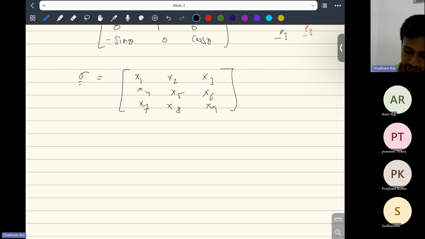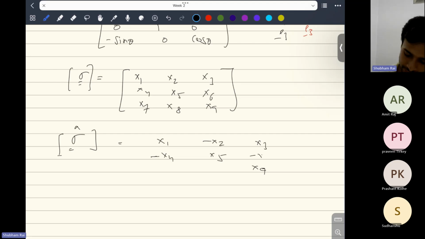If you find sigma hat by doing R transpose sigma R, x1, x5, x9 will remain the same, but others will change. That will become minus x2, x3, minus x4, and minus x6. Please try it out at home. This will be the answer.